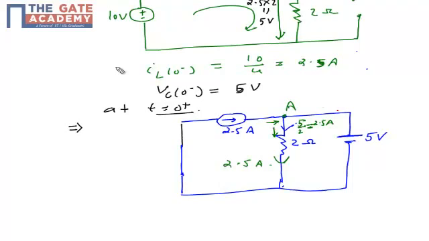So in this capacitor branch, which will behave like a battery right now, the current across this capacitor will be 0, because my incoming current is already equal to the outgoing.